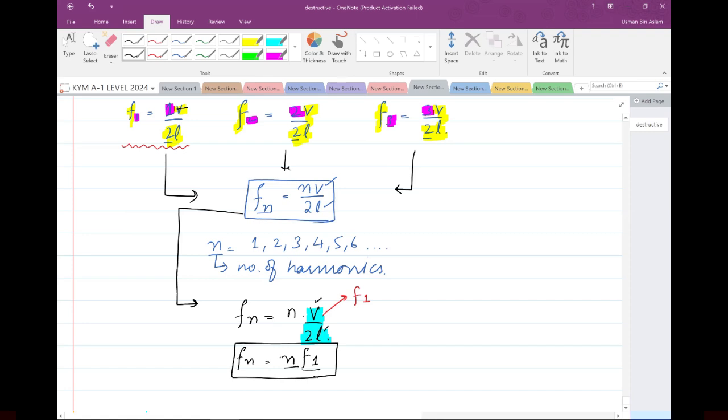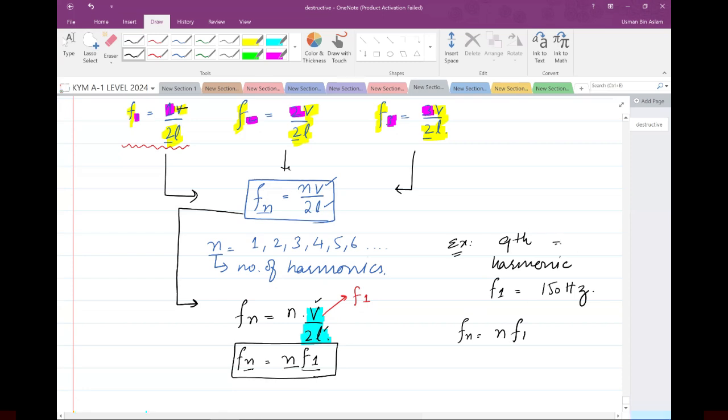You just multiply the number of the harmonic that you need and you'll be able to find out the frequency of that particular harmonic. For example, I tell you to find out the frequency of the ninth harmonic, and it is given in the question that the first harmonic is equal to 150 hertz. All you have to do is Fn equals n F1.